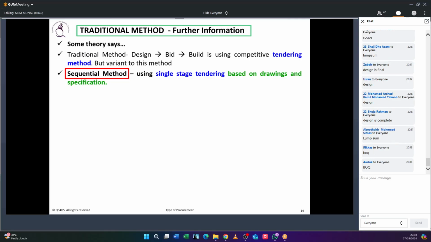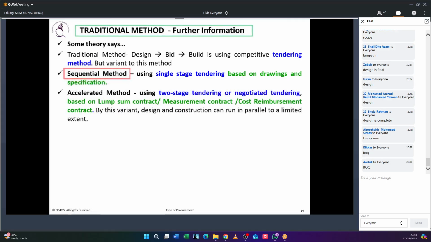Some theory says like this, and another theory says accelerated method, using the two-stage tender or negotiated tender. Now forget about the negotiated tender. Using the two-stage tender based on lump sum contract, measure and value contract, cost reimbursement contract.